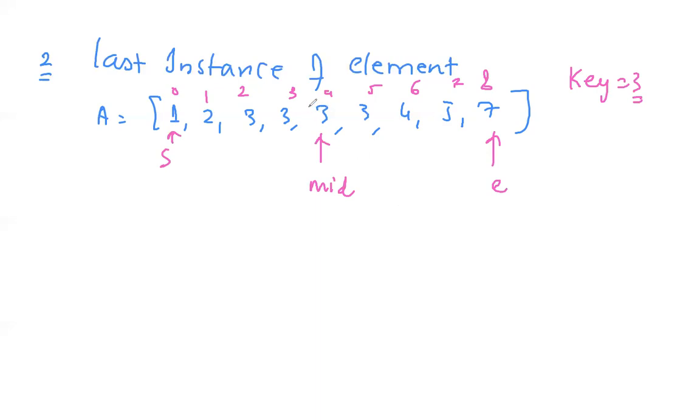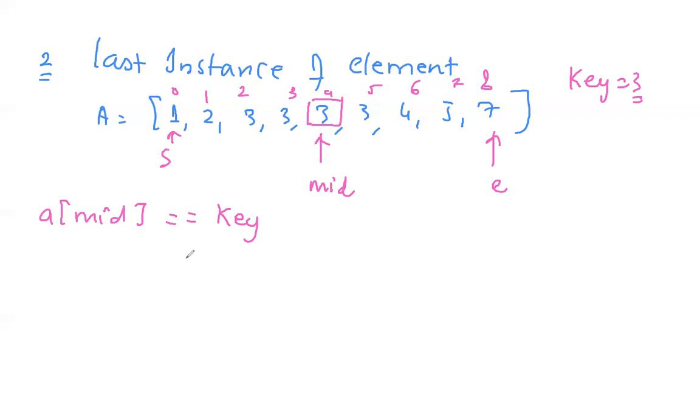Now, what if A of mid is equal to key? What does that tell me? In the first instance, I knew that this may or may not be the first instance, because it equals the key but may not be the first. The same doubt applies to the last instance: this equals the key, but may not be the last instance.